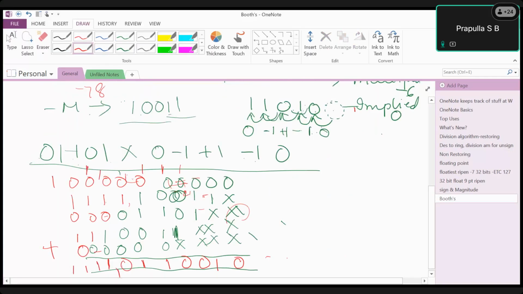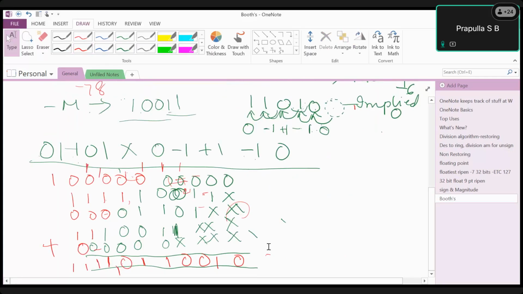So actually this answer will be negative. So we will convert this to 2's complement to check whether our answer is correct.